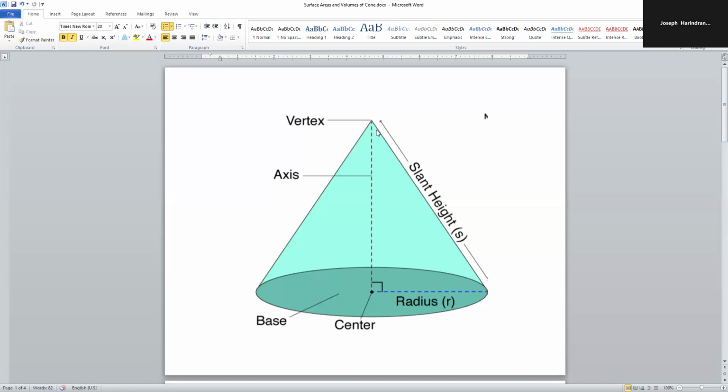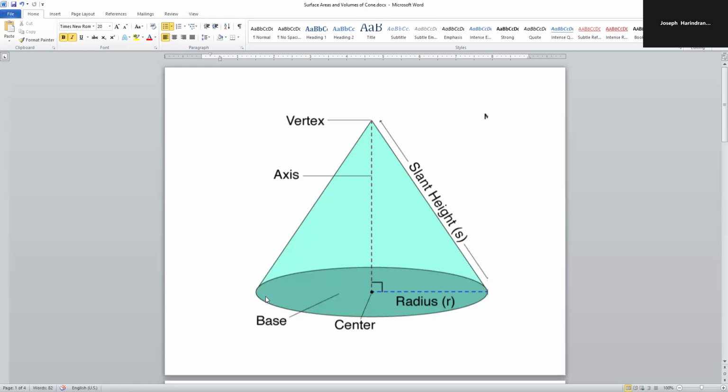It has an axis, a line segment which is perpendicular to the base. In the case of a right circular cone, the axis is perpendicular to the base. If it is not a right circular cone, it will be inclined at an angle.